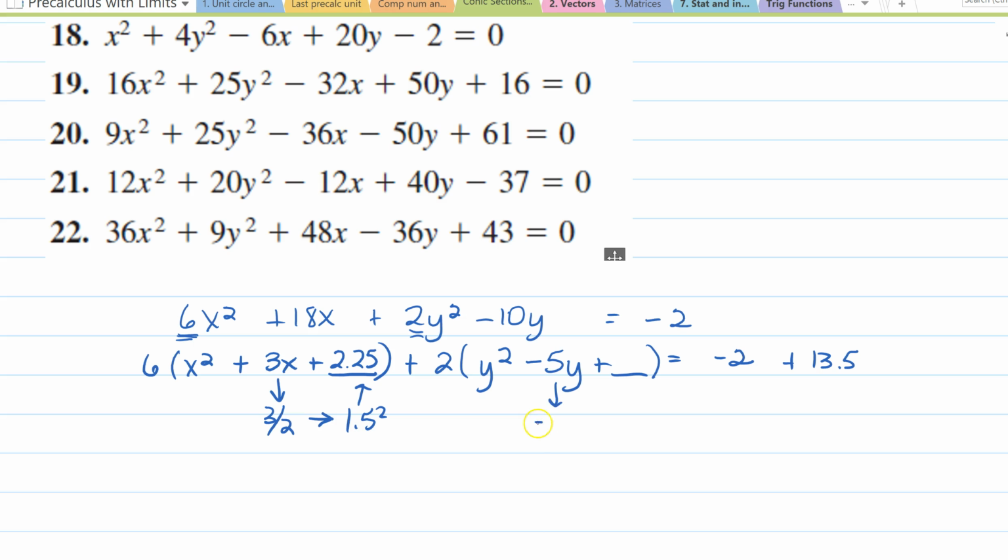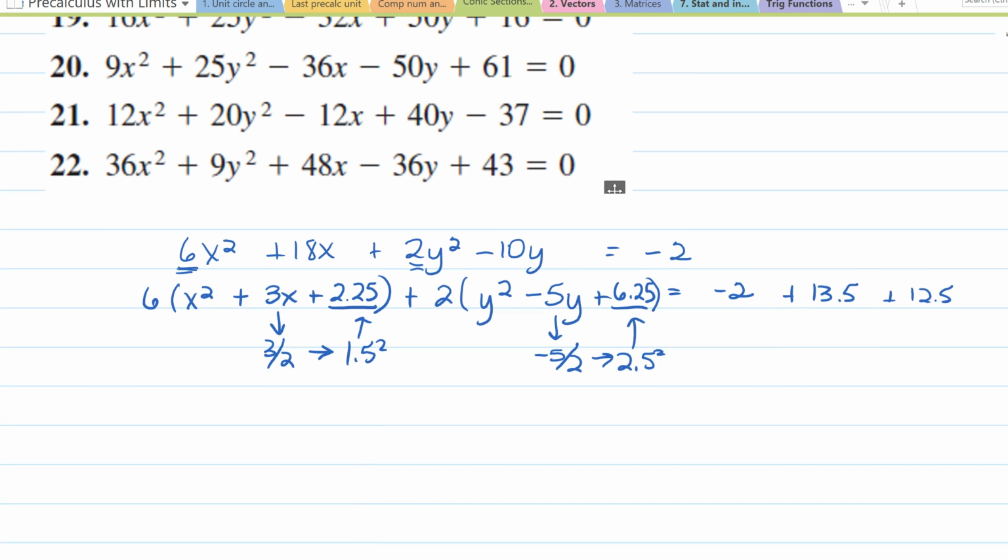Now let's do the y term. -5 divided by 2 is going to be -2.5. When I square that, that's 6.25. But 6.25 times 2, because I had to multiply it by that constant that I pulled out, is 12.5. Now let's clean this up. I created these perfect square trinomials. I need to factor them, but don't forget that 6.